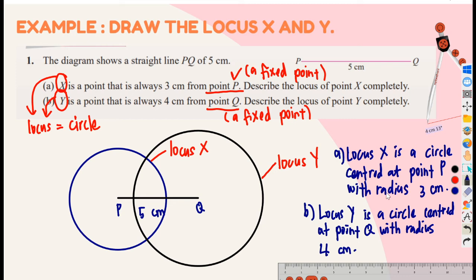So this is how you describe. After you draw the locus, you can see what locus you drew, then you can describe it completely.